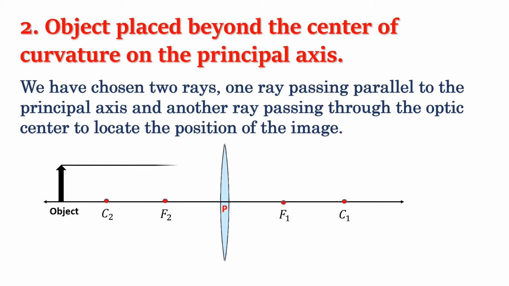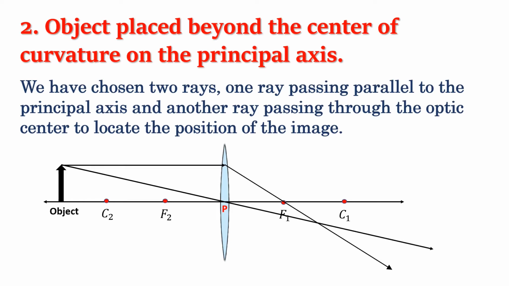The first ray is parallel to the principal axis and after refraction it will go through the focus F1. And the second ray is the ray which is passing through the optic center of the lens. These two rays coincide on the other side of the lens, and at that point we have the image.